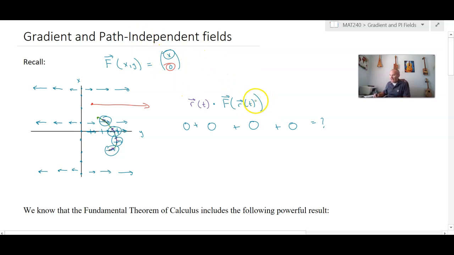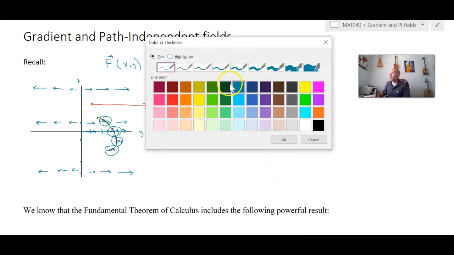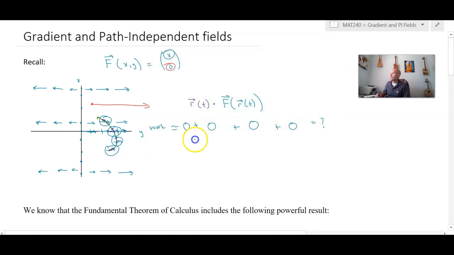Of course, to be able to add up infinitely many of these, because this is going to give me an approximation of the work being done, the force times the distance, if you will, what I'd be better off doing is adding up infinitely many small vectors where this is going to be f of r.